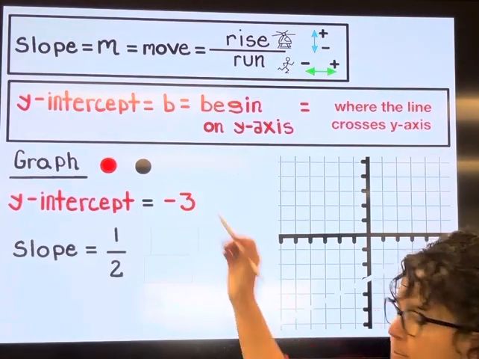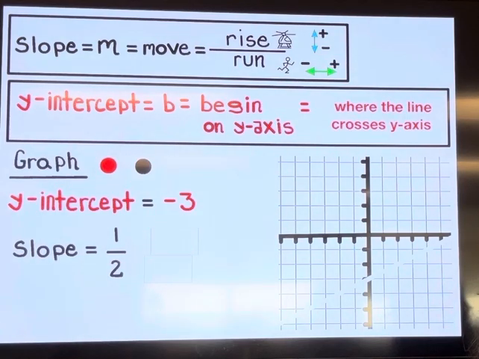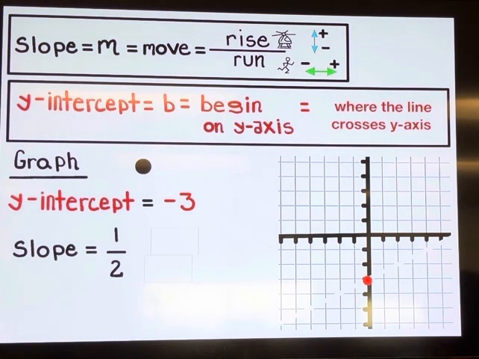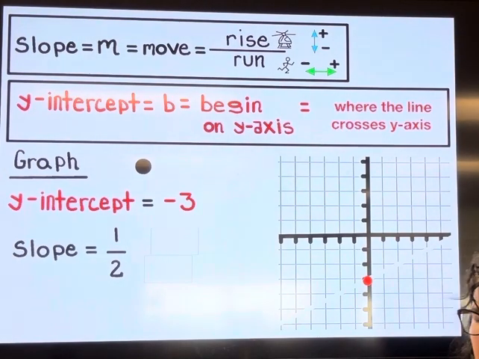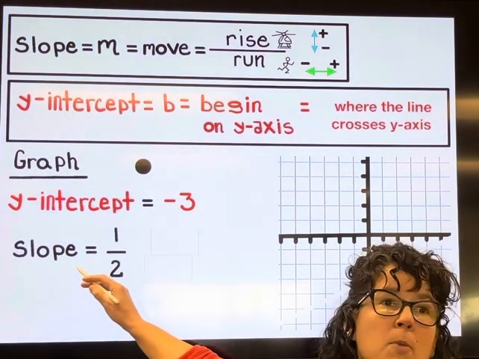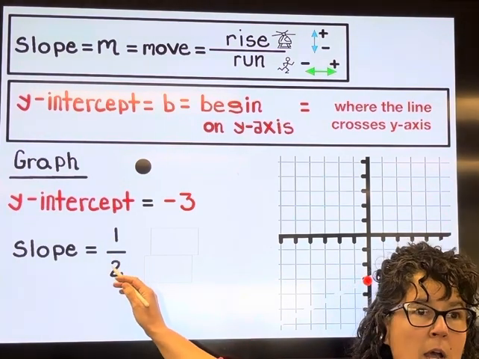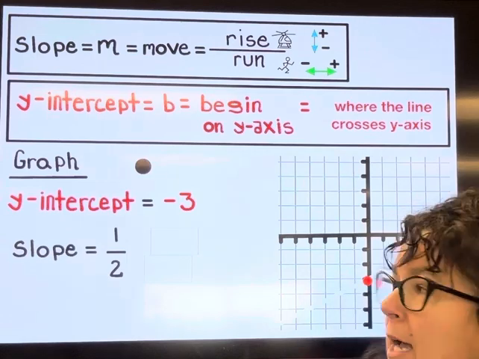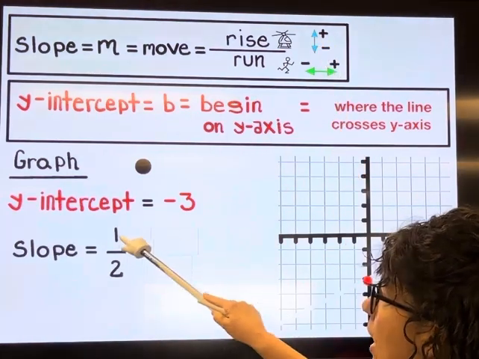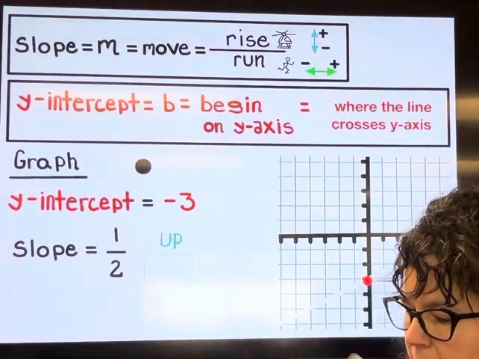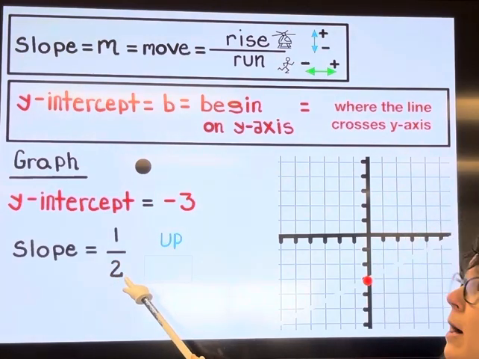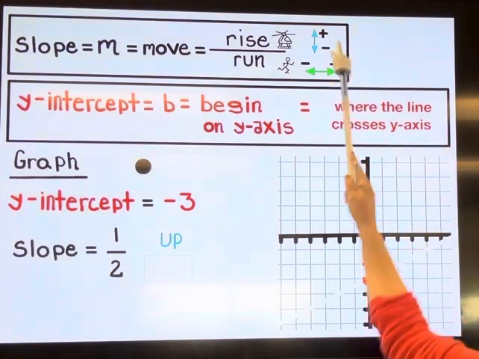With a y-intercept of -3, the first thing I'm going to do is put a dot on the y-axis at -3. So 1, 2, 3. Then I'm going to use slope to move from that spot: rise 1, run 2. So if my rise is positive, I'm going to go up, and if my run is positive, I'm going to move right.